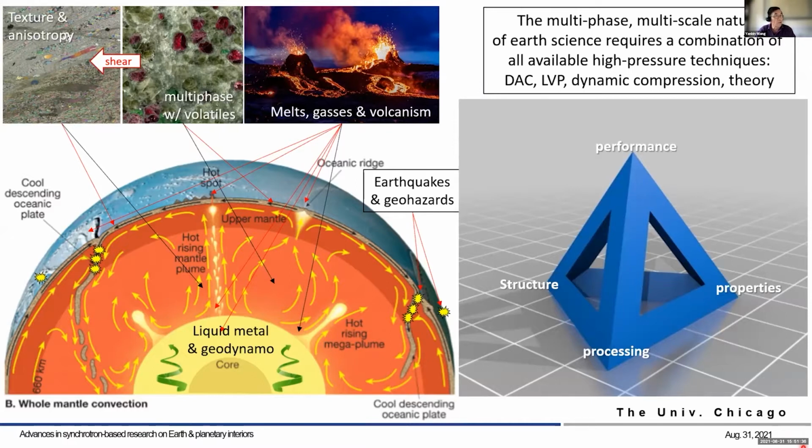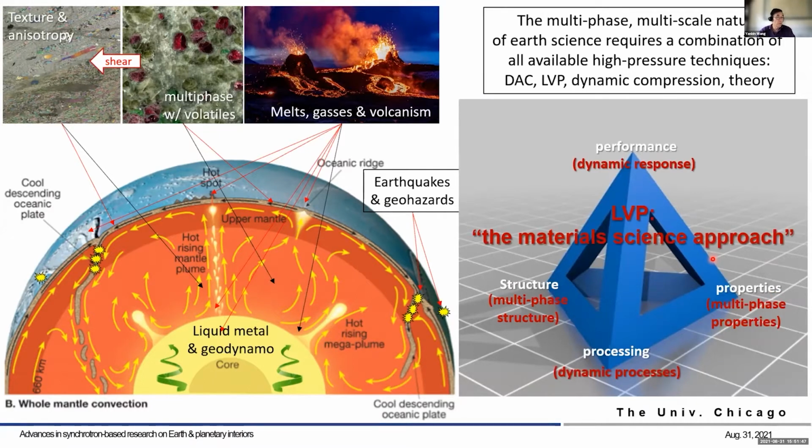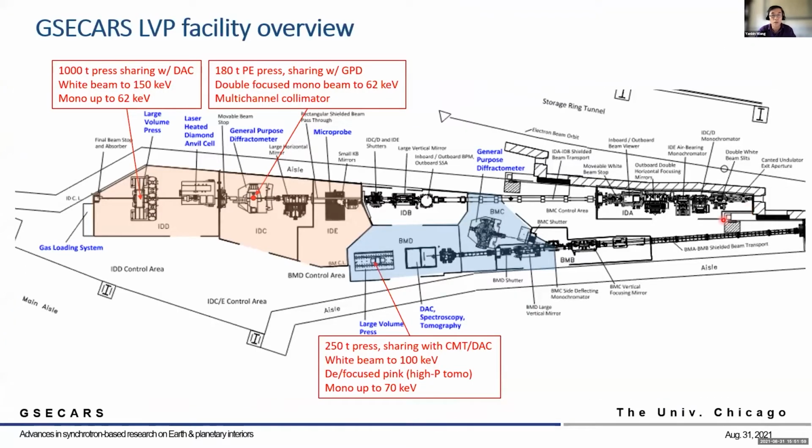So here we're really interested in the interplay among structure, processing, properties, and performance of the material. For the Earth, the processing actually is done by the Earth machine, and we can only observe dynamic responses from the surface. But we want to understand the interplay of these four aspects to be able to place important constraints on the Earth problems.